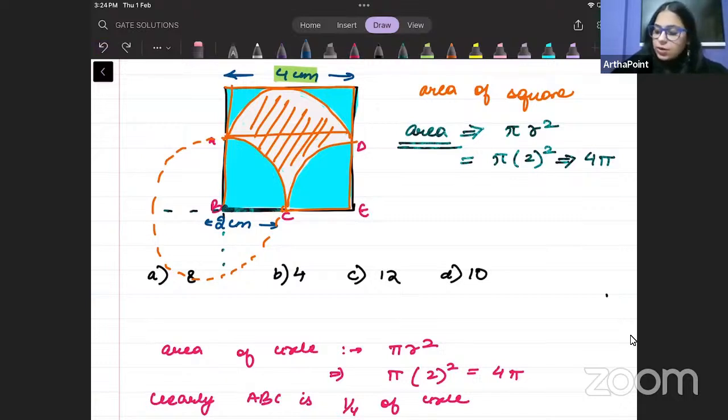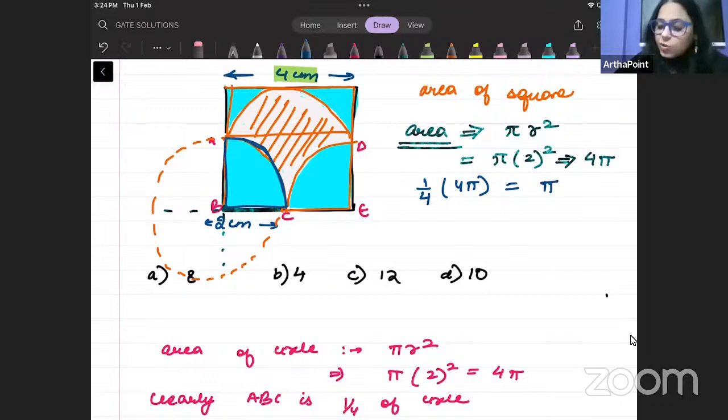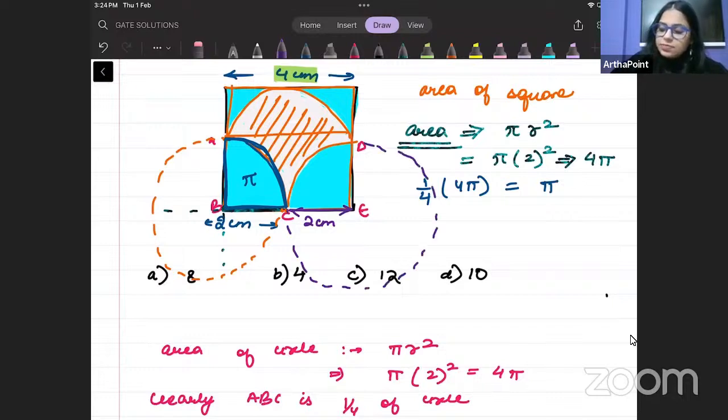So if you think about it, just this area will be 1/4 of the entire area of the circle. So it is going to be pi. So I know that this area, just this area, is going to be pi. Similarly, I am given that this is 2 centimeter. Again, you can think that this is going to be a bigger circle.